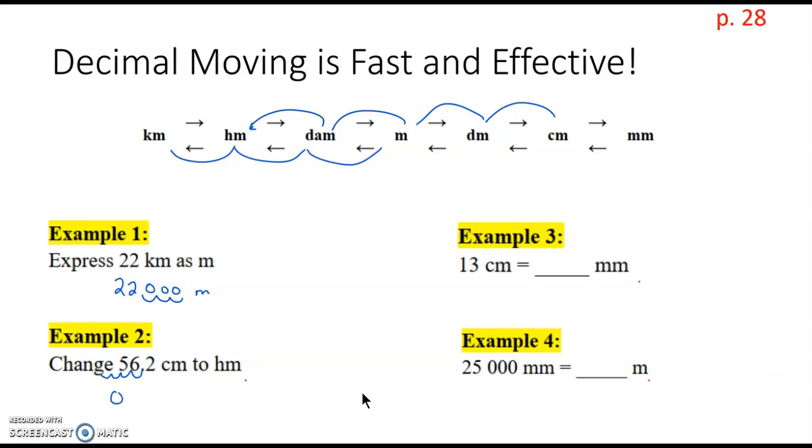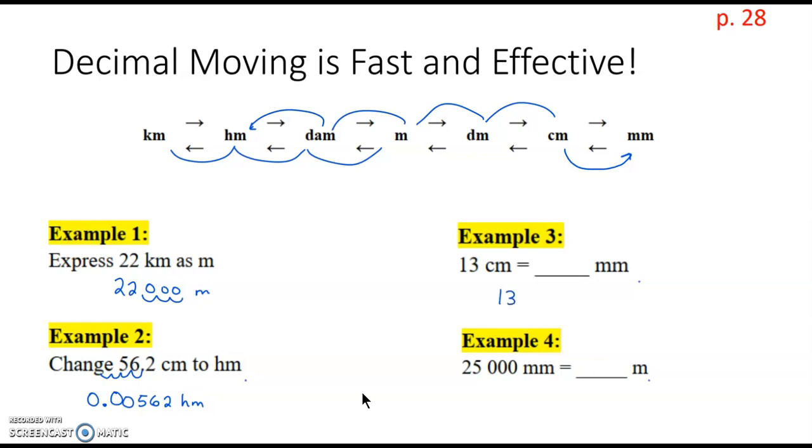So we're going to be adding 2 zeros in front of the 5, 6, 2 and putting our decimal and putting a 0 in front. So we get an answer of 0.00562 hectometers. For example 3, if we're going from centimeters to millimeters, we're now moving to the right.